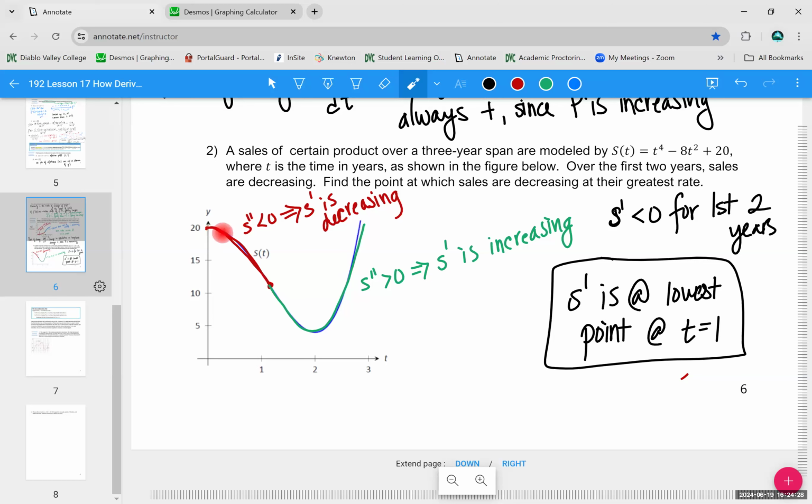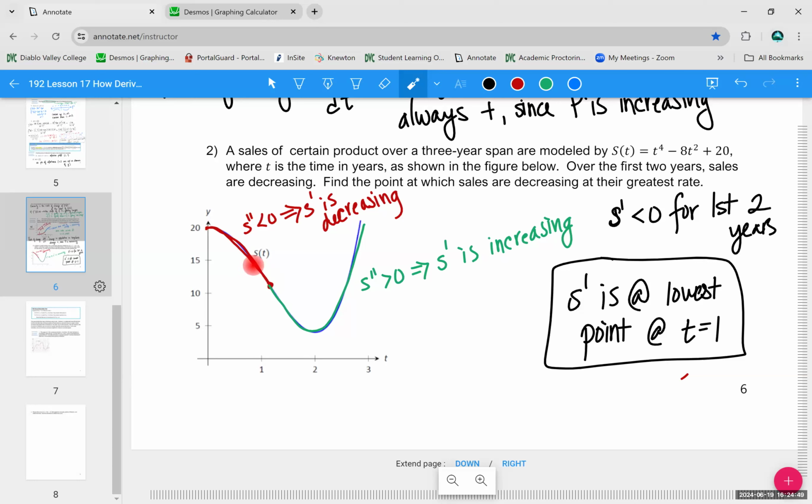So what does that mean? When it's concave down, the second derivative is less than 0, which means that the first derivative is decreasing. So in this period of time where the derivative is already negative, it's decreasing, so it's becoming more negative. Sales are down and they're going down faster.